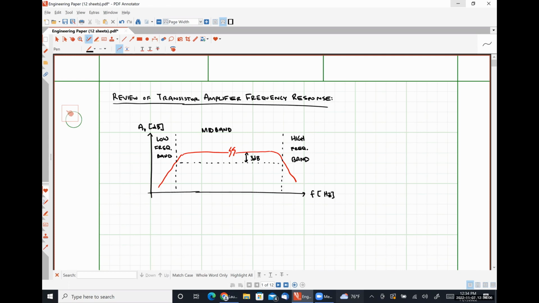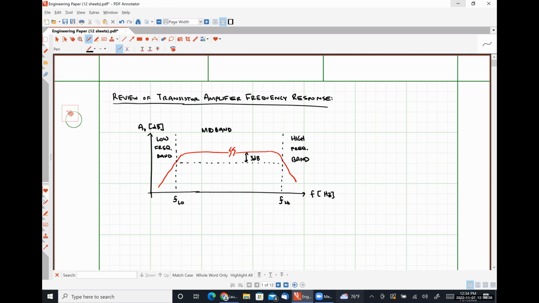So the bandwidth of our device ranges from F low, our first 3 decibel cutoff frequency, all the way up to F high, our second 3 decibel cutoff frequency, okay?